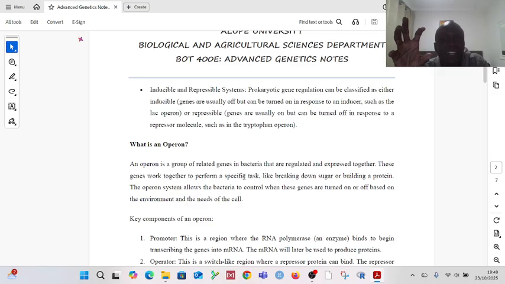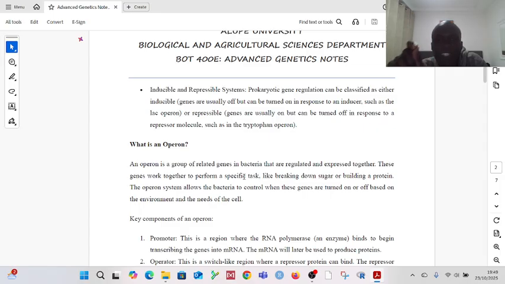They need to be turned on once an inducer is present. On the other hand, a repressible system means the genes are usually on, but they can be turned off once a repressor molecule is present.